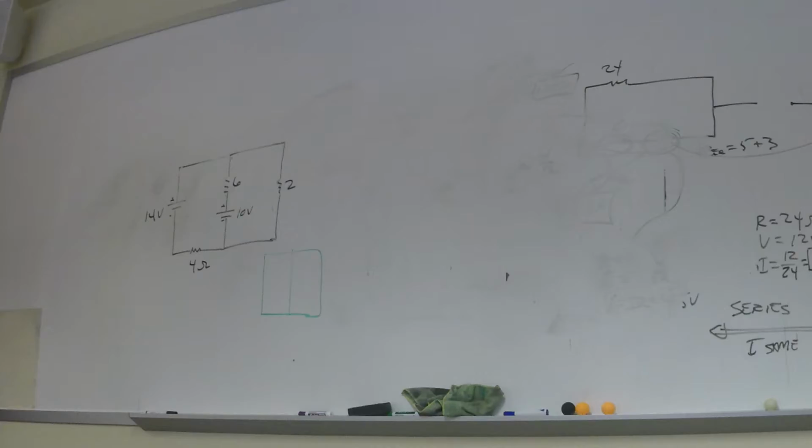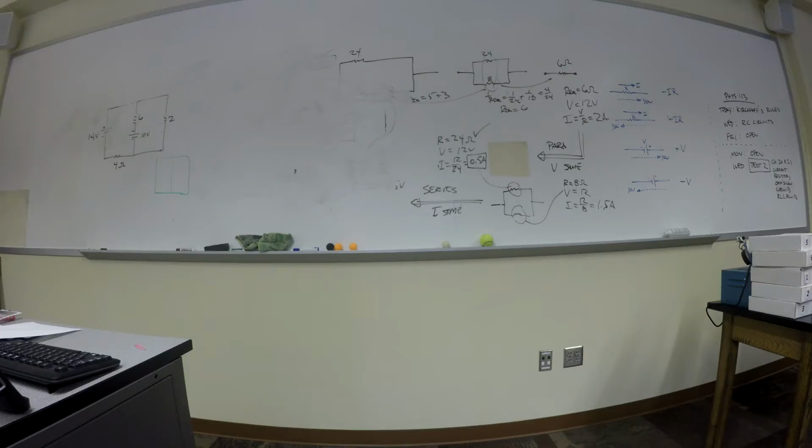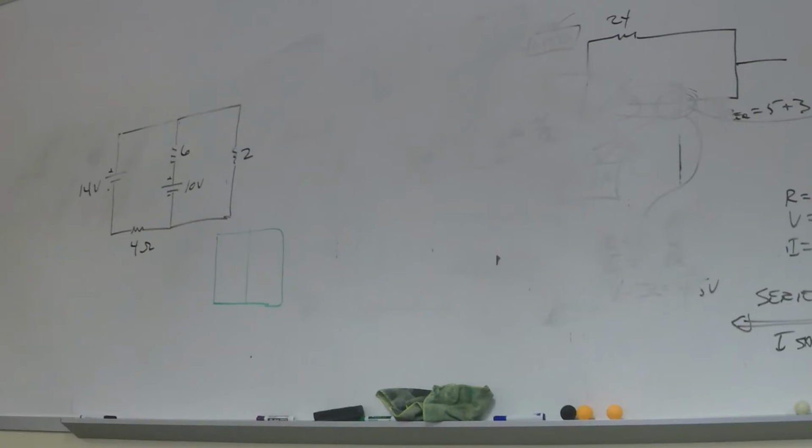And what we're going to do is pick a junction to use, label some currents, 1, 2, and 3, and then pick directions around loops that we want to go to add up those potential changes. You are free to do it however you want, but once you get it set up, stick with your convention all the way till the very end of the problem.